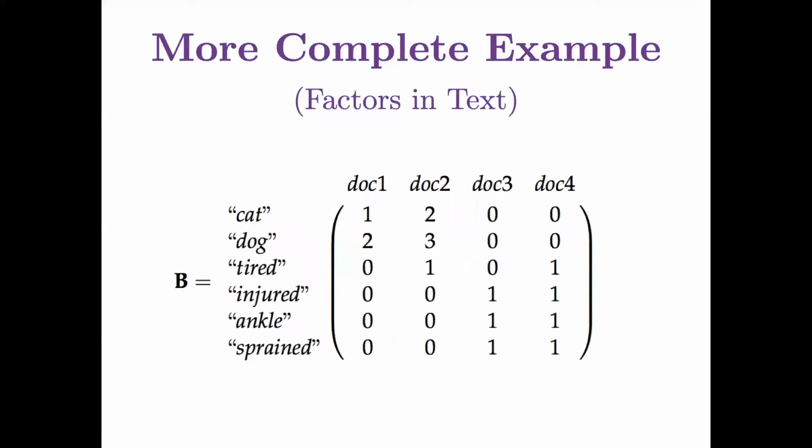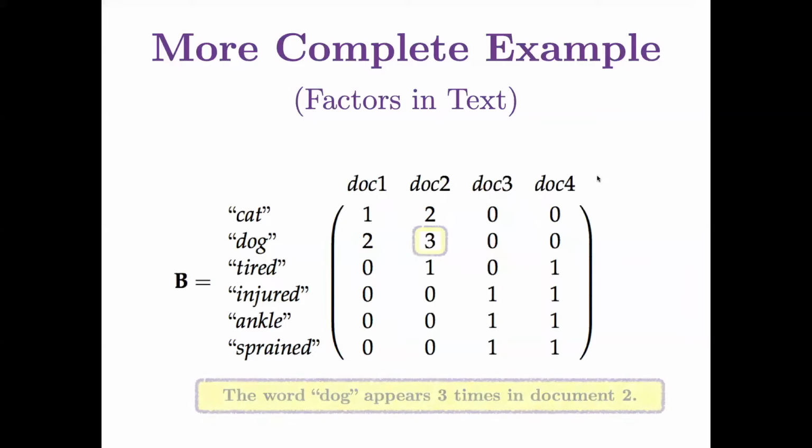Now, the way that this data gets transformed into numeric data that the computer can use is through a term document matrix. So here along the rows, I have all of those terms that were highlighted in red: cat, dog, tired, injured, ankle, sprained. And along the columns, I have the 4 documents.